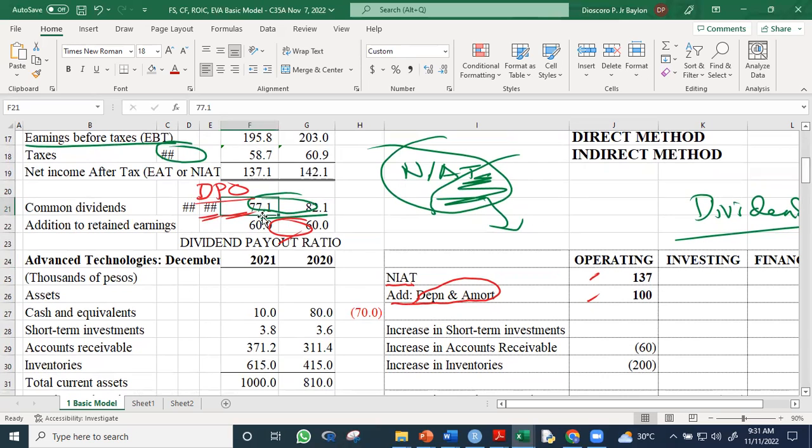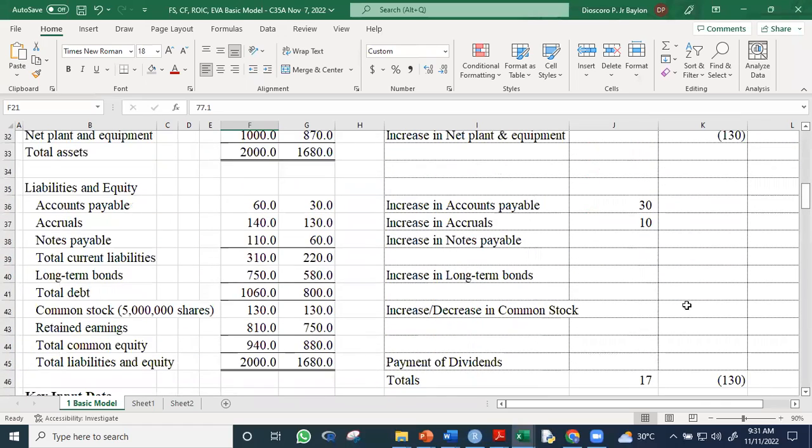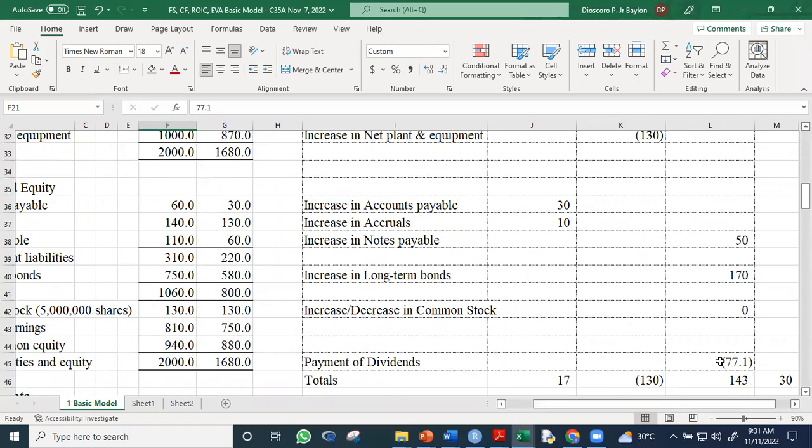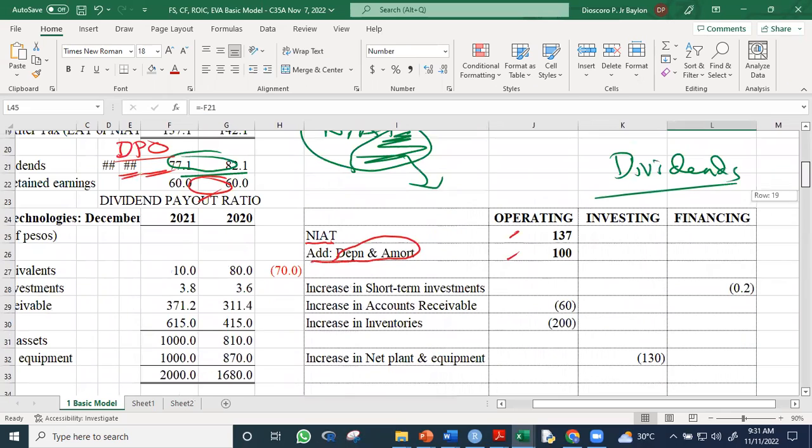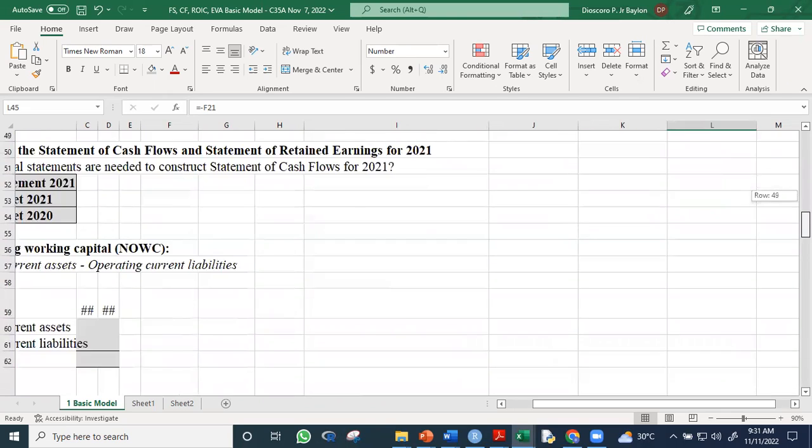So the company issued 77.1 in cash dividends. So this should form part of financing. Payment of dividends, 77.1. All right, so those are the accounts that changed from 2020 to 2021.